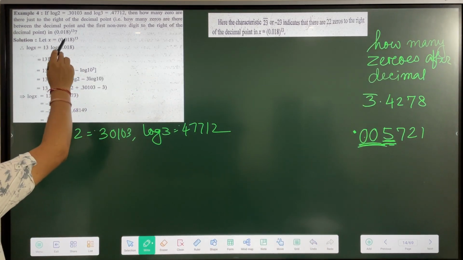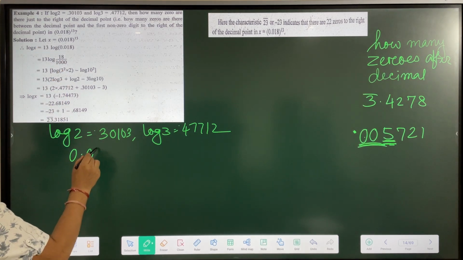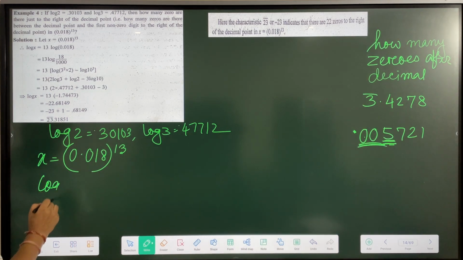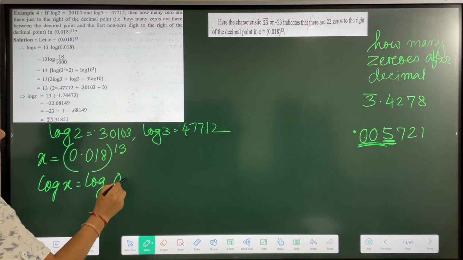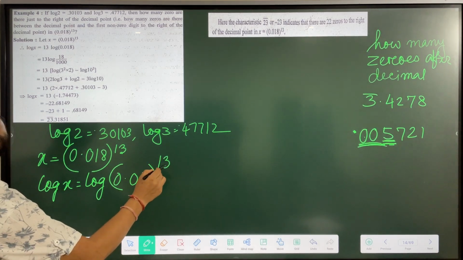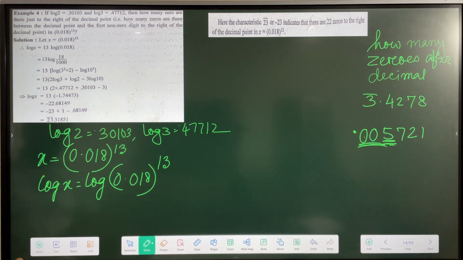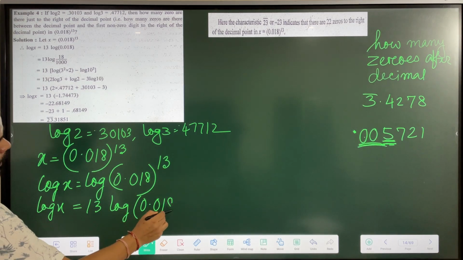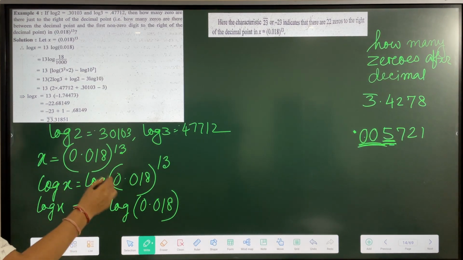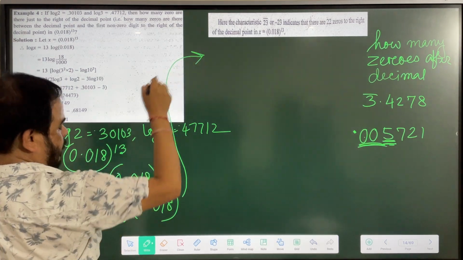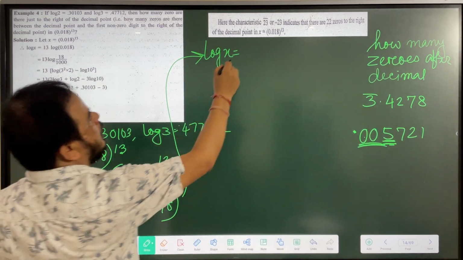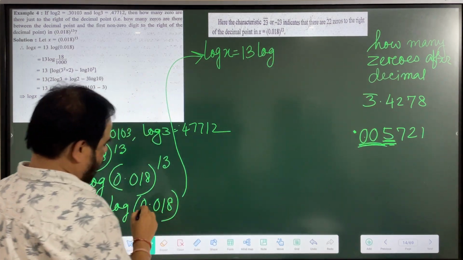So here the calculation is done. What we have to find out is x equals 0.018 to the power 13. So log x equals log of 0.018 to the power 13. The power comes to this side, so log x is equal to 13 log 0.018.